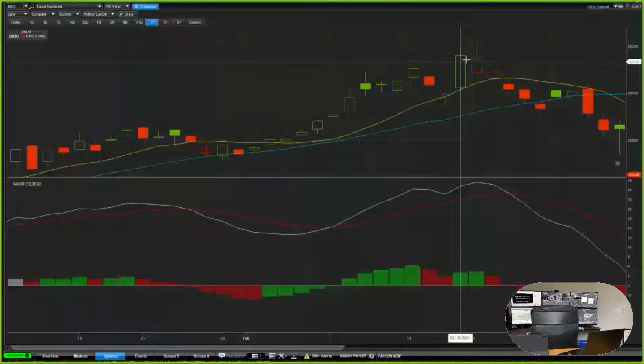And where it closed for the day was up here at 339.87. The wick, that line above it in the middle, is what it got up to, but it didn't stay up there. It ended up closing right here. So that's called a wick. This is the body. These are the wicks.